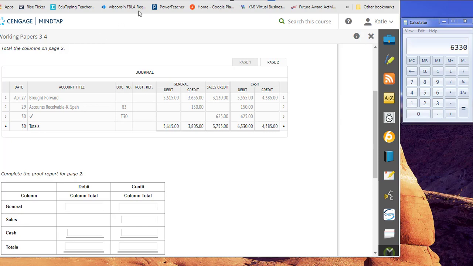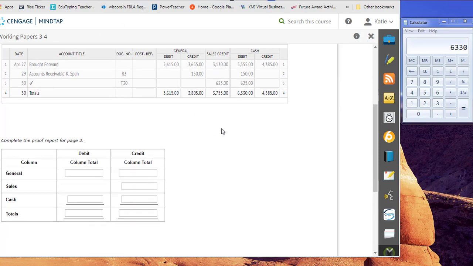So I will always go through and put the numbers in the bottom of my journal page, and then I'm going to carry them down to the bottom to prove.